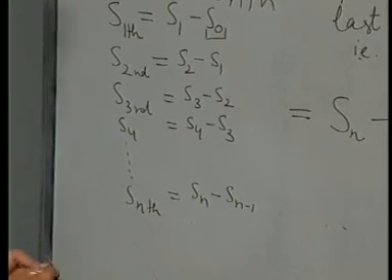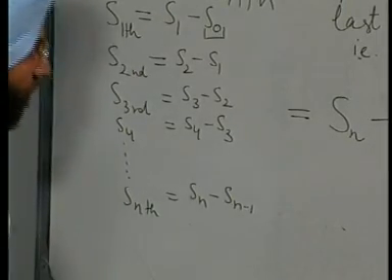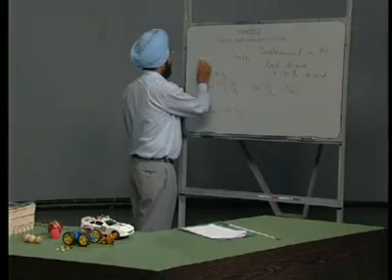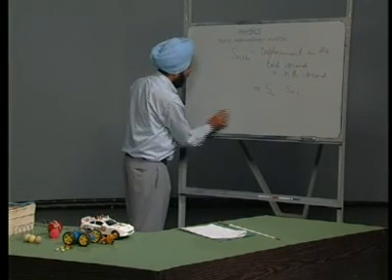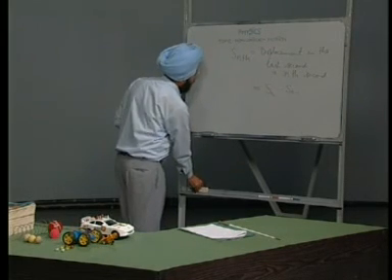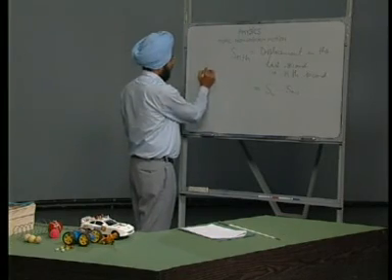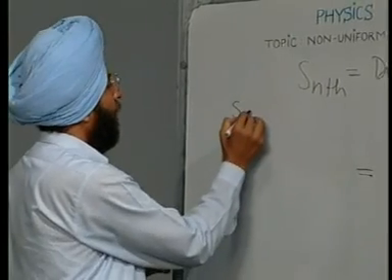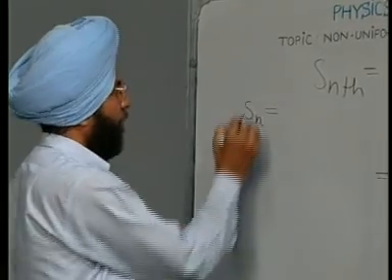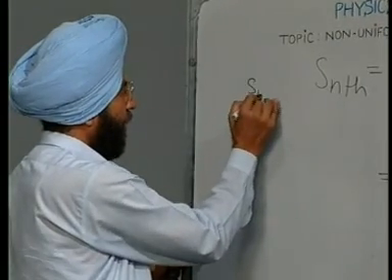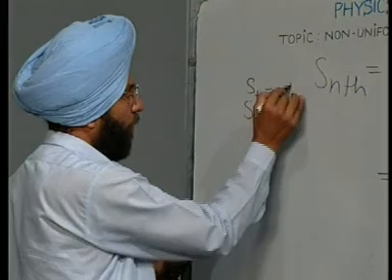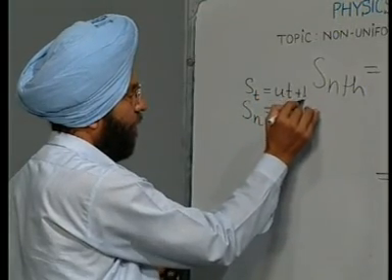So, instead of t, we are taking the time as n. S t is equal to u t plus half a t square.